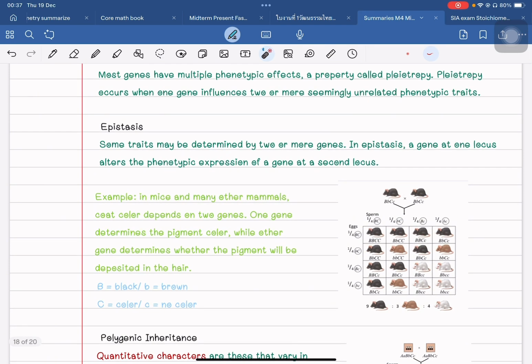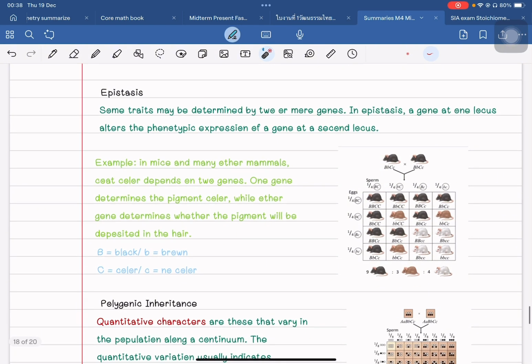Next is epistasis. Some traits might be determined by two or more genes. In epistasis, the gene at one locus alters the phenotypic expression of the gene at the second locus. For example, in mice and many other mammals, coat color depends on two genes. One gene determines the pigment color, while the other determines whether the pigment will be deposited in the hair.